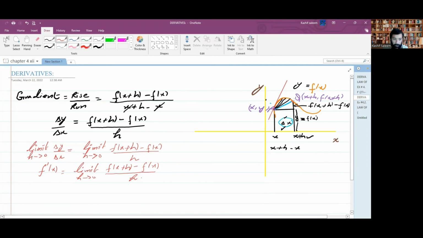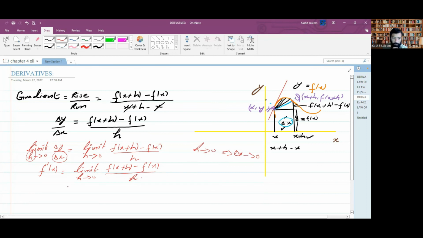Also, I want to tell you that there is a delta x and here is h. Both are equivalent. If h approaches 0, it implies that delta x also approaches 0, because we are taking small values of h. As h goes to 0, delta x will become 0, because point Q will coincide with point P.